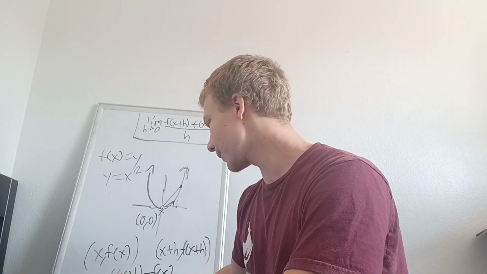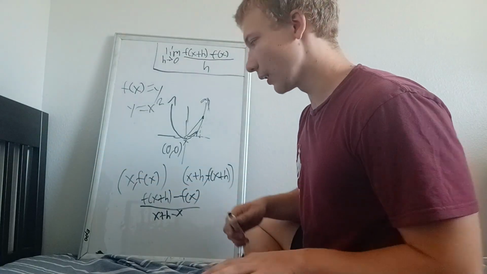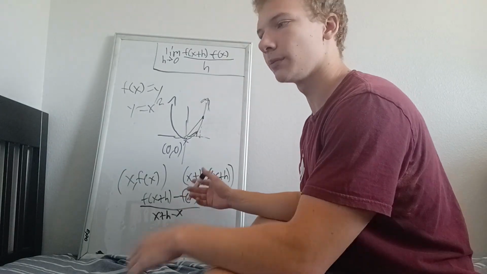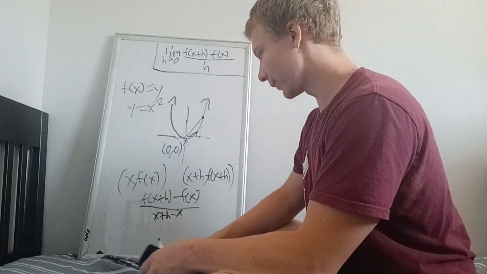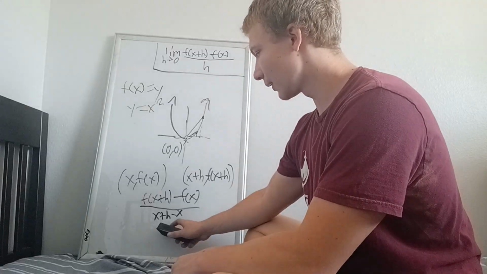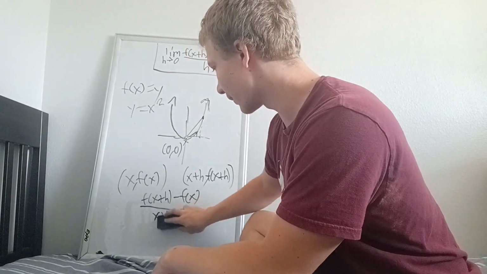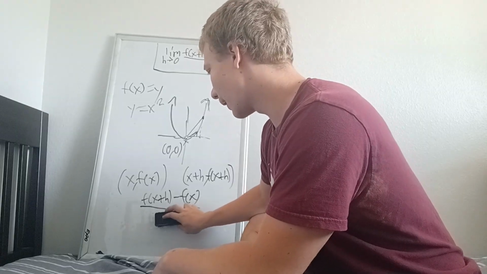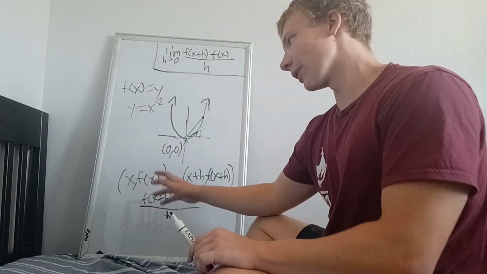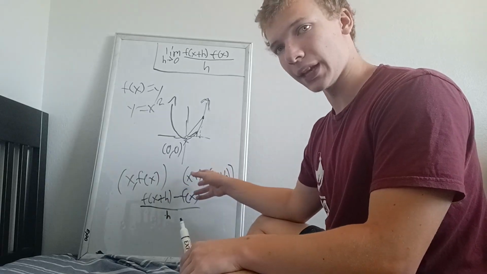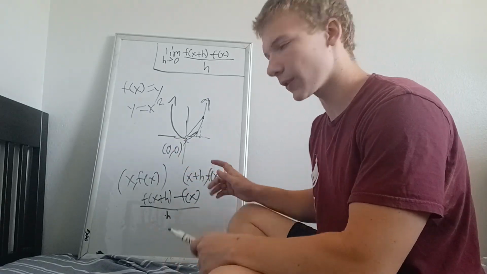But we have an x and we have a minus x, so those cancel very nicely. So the average slope from x, f of x to x plus h, f of x plus h is going to be this.